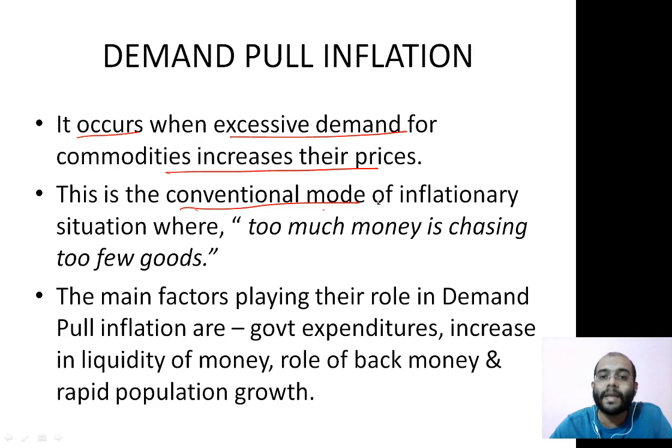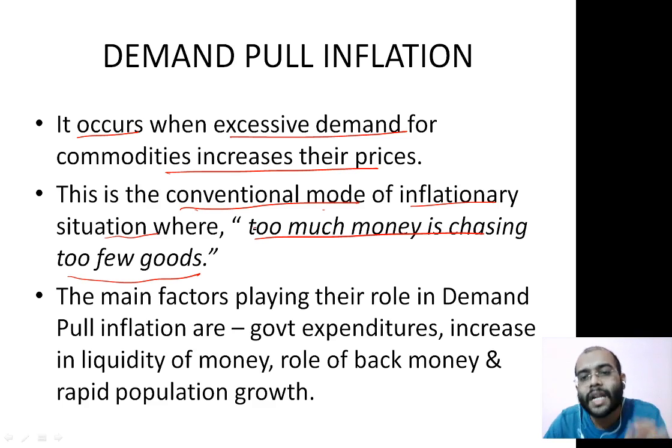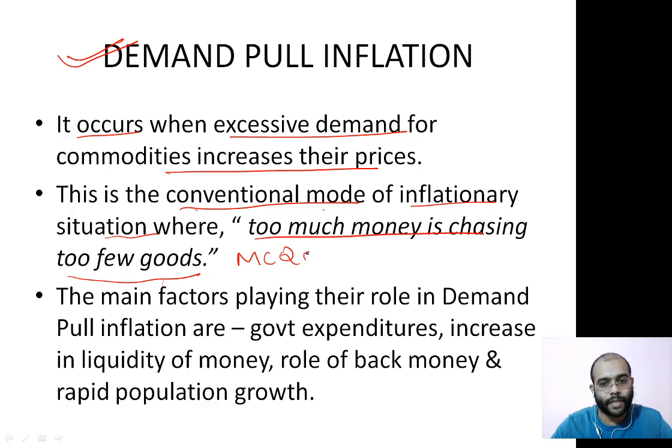This is the conventional mode of inflationary situation where too much money is chasing too few goods. Then it will lead to demand pull inflation. This might come as one of your MCQs. Remember, too much money chasing too few goods leads to demand pull inflation.